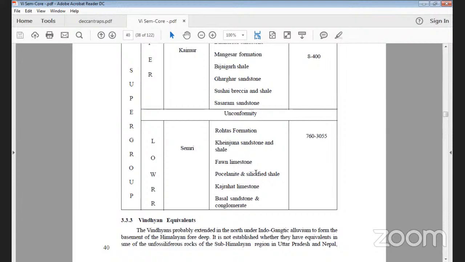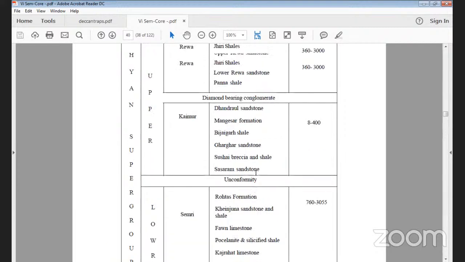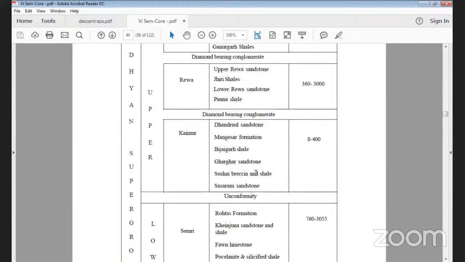These are all the formations, and they have a thickness of 760 to 3055 meters. And again, we can see here there is an unconformity between the Kaimur group and the Semri group.